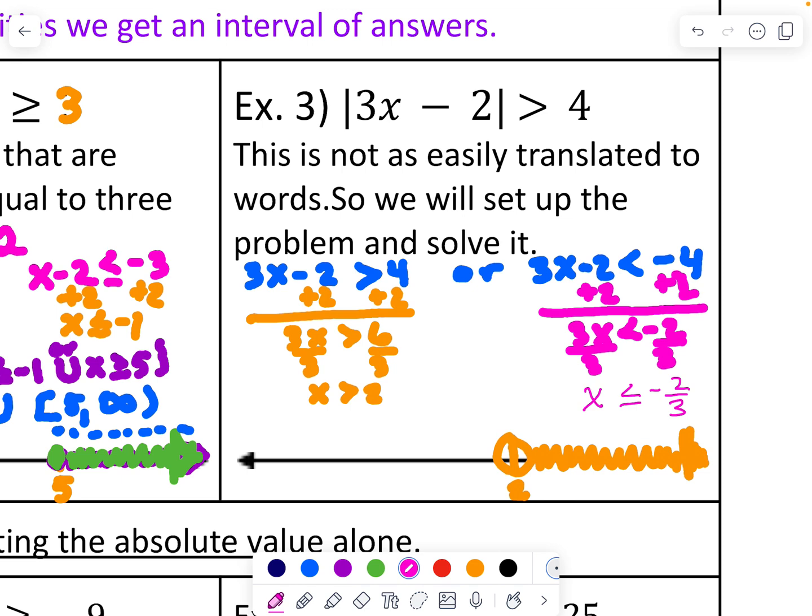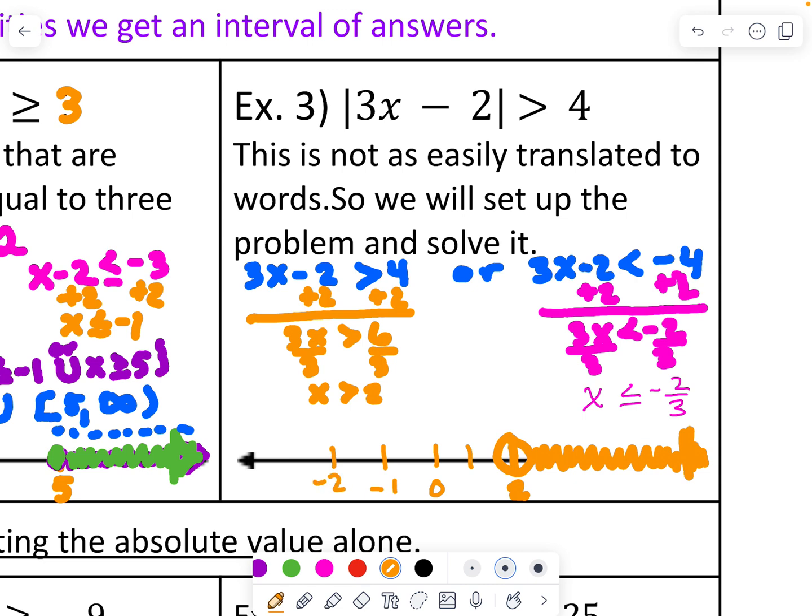And so when we go on to the graph, we're going to go to here's 0, and then we're going to go to here's negative 1. So negative 2 thirds is about right here, let's say. And actually, this is horrible. Let's just graph this a little bit better. Okay. So that's 2, this is 1, this is 0, this is negative 1, this is negative 2.